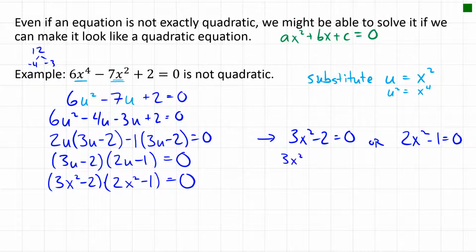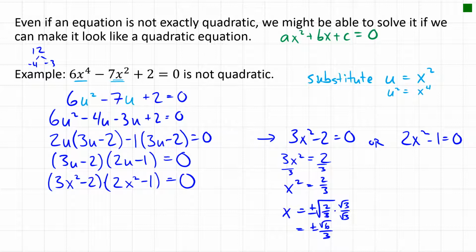So 3x squared equals 2, divided by 3. So x squared is equal to 2/3, which means x is equal to plus or minus the square root of 2/3. And we will multiply by the square root of 3 over the square root of 3. So this would be plus or minus the square root of 6 over 3, written without an irrational denominator.